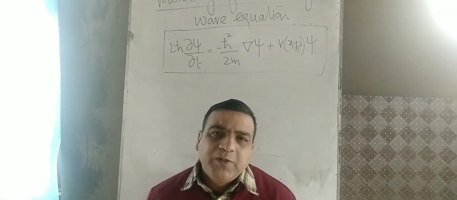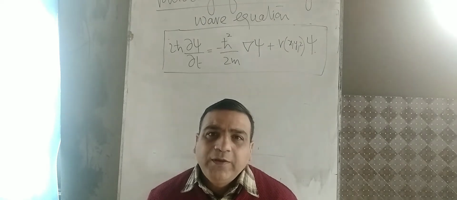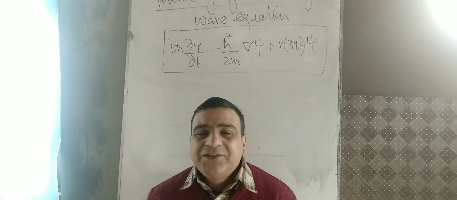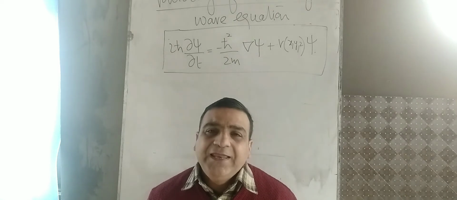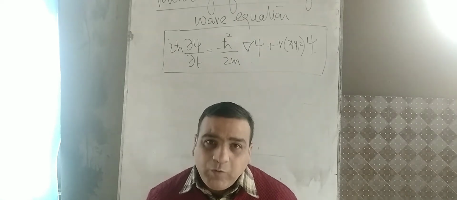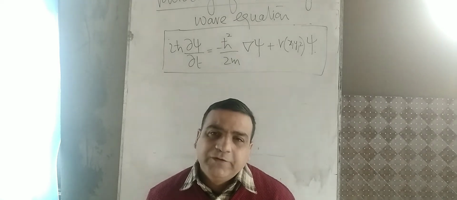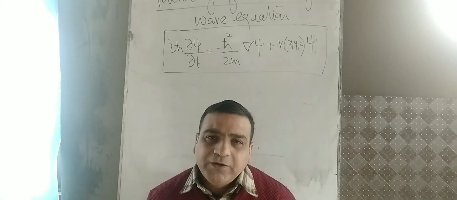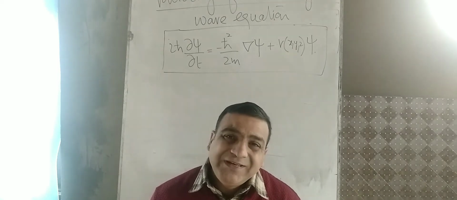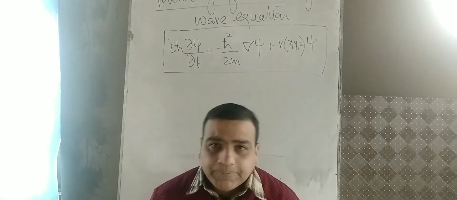In general principle, we should say that Schrodinger's wave equation in itself is a principle. You don't need any other means, and there cannot be any other means by virtue of which you can reach the result of Schrodinger's wave equation, because it is in itself a principle.